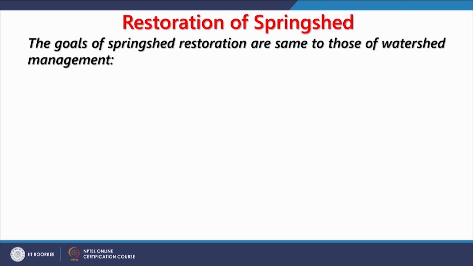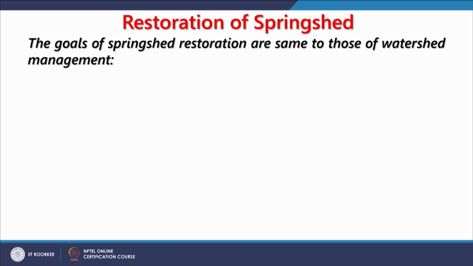There are various schemes going on, and a lot of research is going on on restoration of springsheds, that is, how can we restore or increase the recharge or discharge of springs which are known to supply a very good quantity and even quality of water.